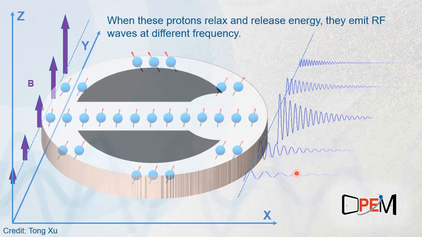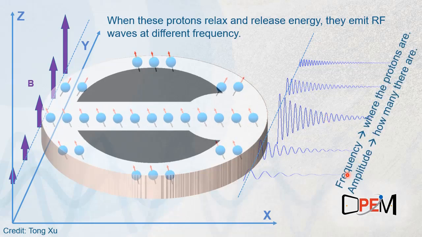Another interesting thing to point out here is the amplitude of the radio frequency waves. They're actually proportional to how many protons are in that location. At the far end, we have the lowest number of protons in those regions, so the amplitude is lowest. And the middle row here has the most protons in those regions, so the emitted RF wave has the largest amplitude.